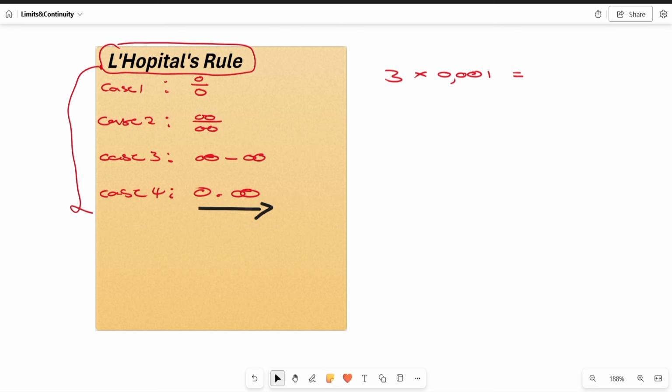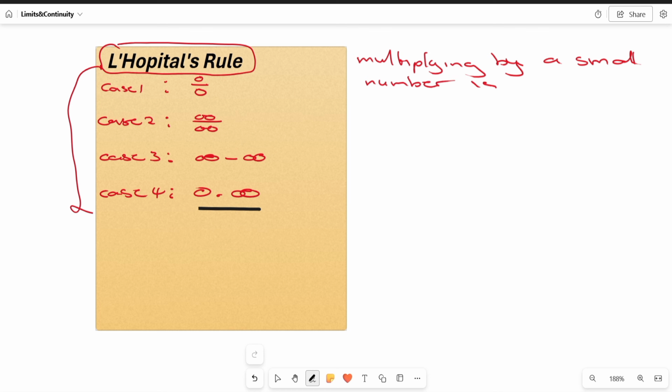And then the same goes in the opposite. Multiplying by the bigger number. Okay, wait, let me write it down. So multiplying by a small number is equal to dividing by a big number.